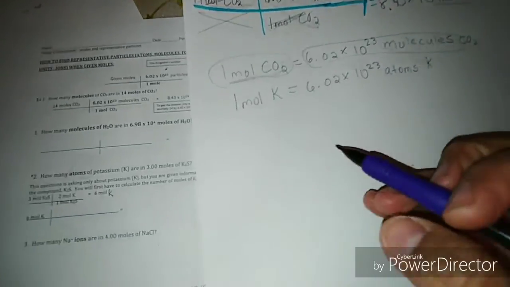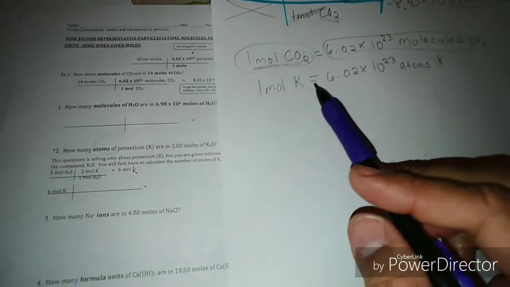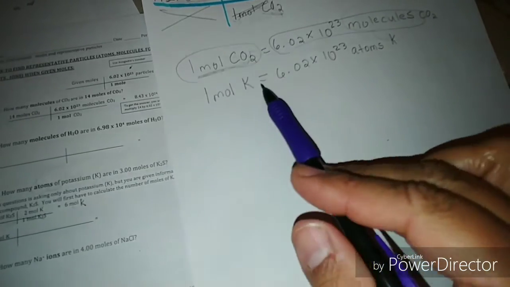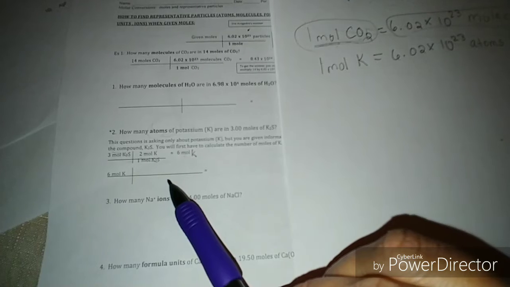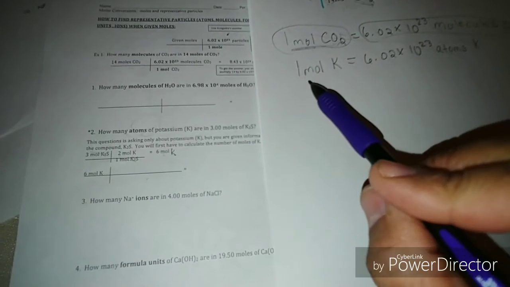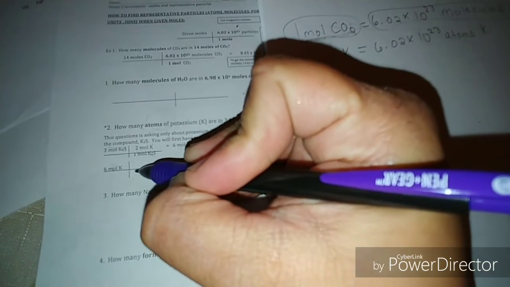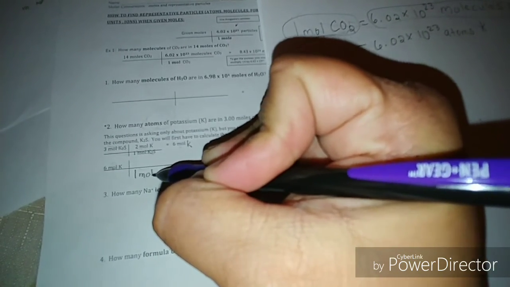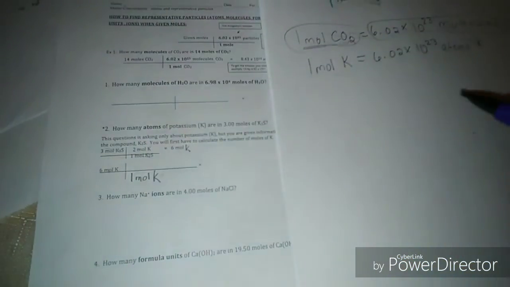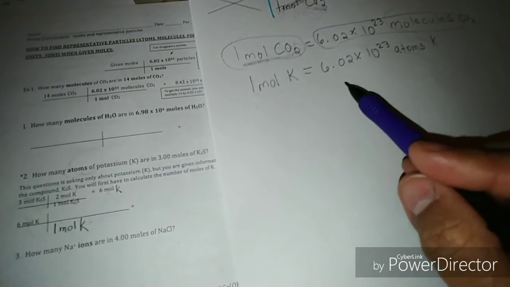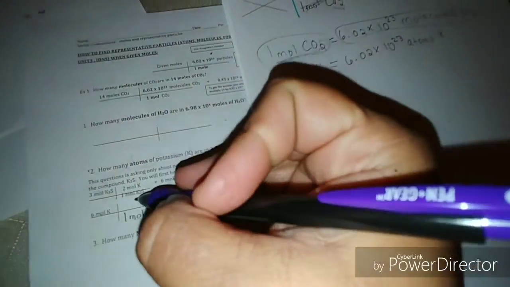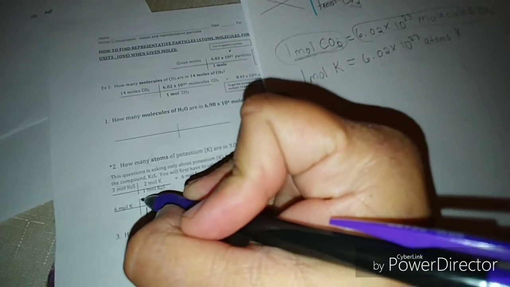Okay, so now that I have this conversion factor, remember this is one thing, this is a second thing. I've got 2 boxes, so I've got to decide where each of those is going to go. Because this reads as 1 mole, and that's moles, I'm going to go ahead and put the 1 mole on the bottom, just because it'll cancel diagonally. So I could put 1 mole of potassium. That means that the other part of it is this number, which is going to go here on the top portion.